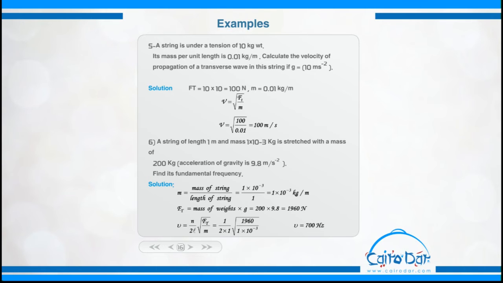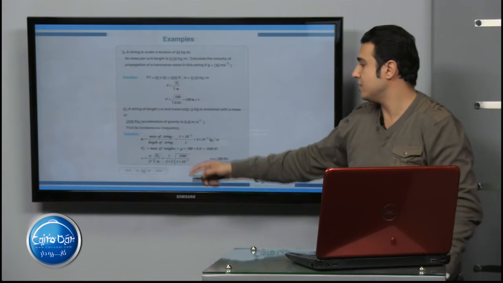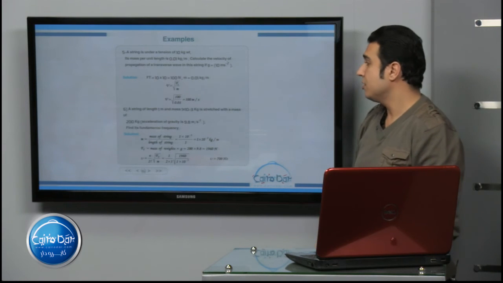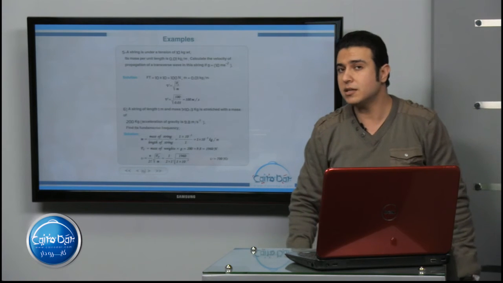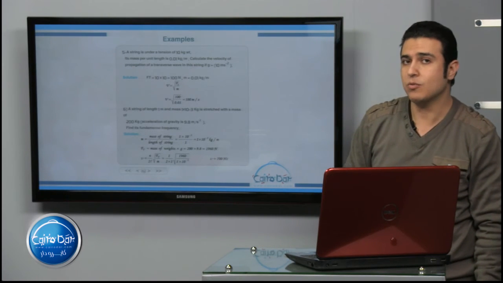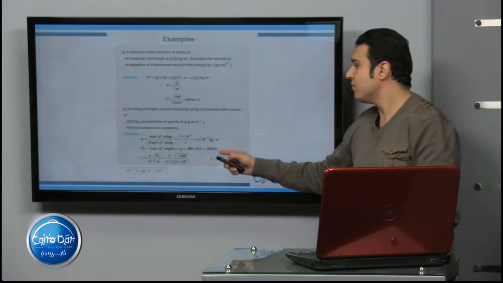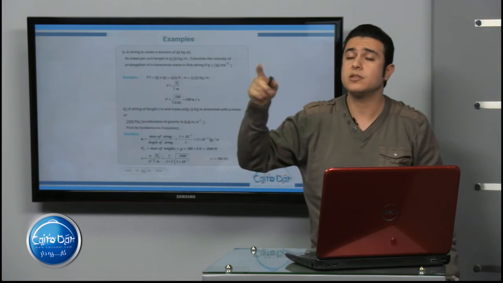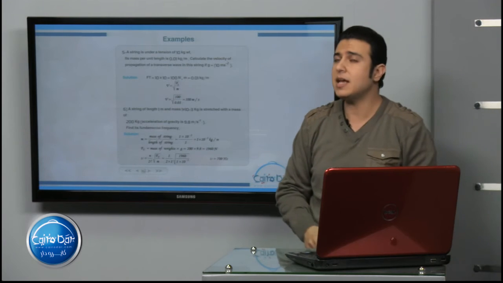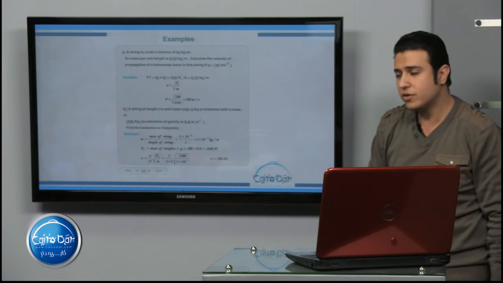That's for mass per unit length. And for the tension force, mass of weight times gravity acceleration. Mass of weight here equals 200 kilogram, times 9.8, it will be 1960 Newton. From the relation, nu equals n, the number of segments, divided by 2L times square root of Ft over m.